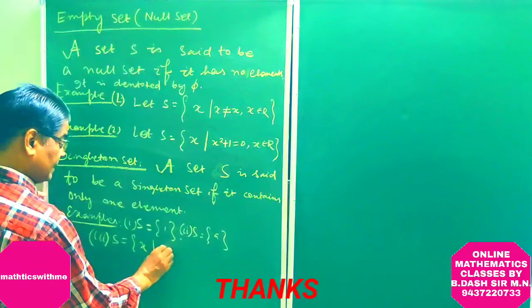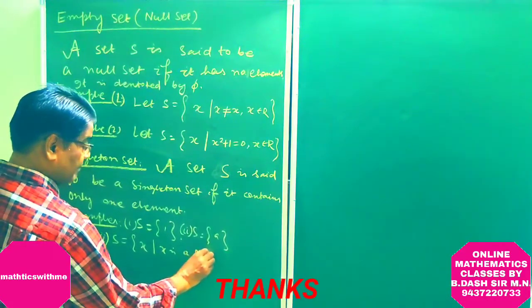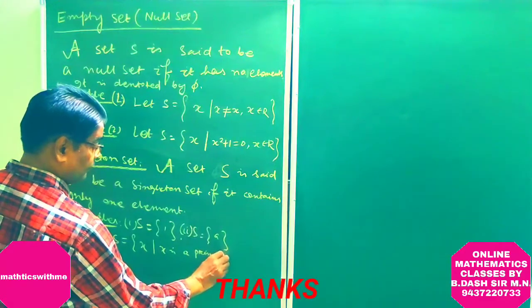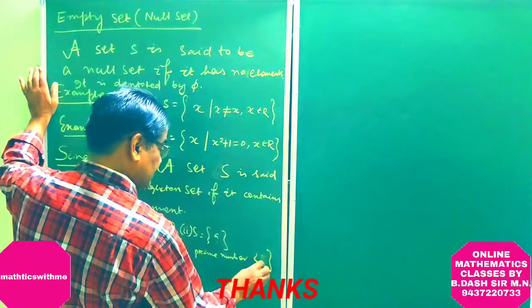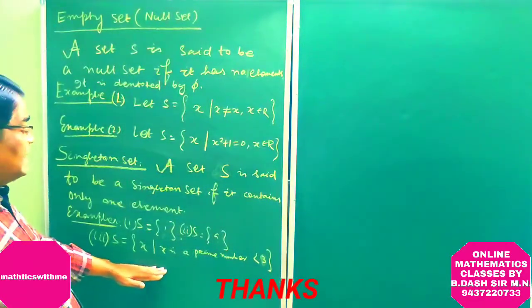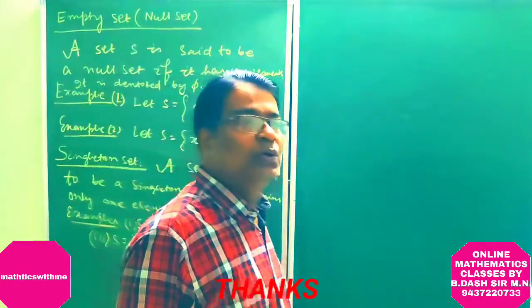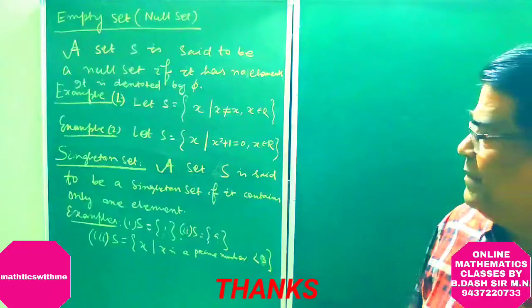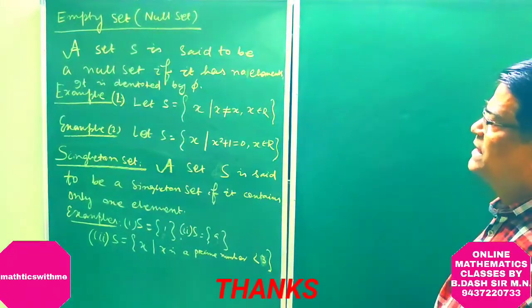S is equal to {x such that x is a prime number less than 3}. So here we are getting only one element in the set, that is 2, which is a prime number. So these are examples of a singleton set.